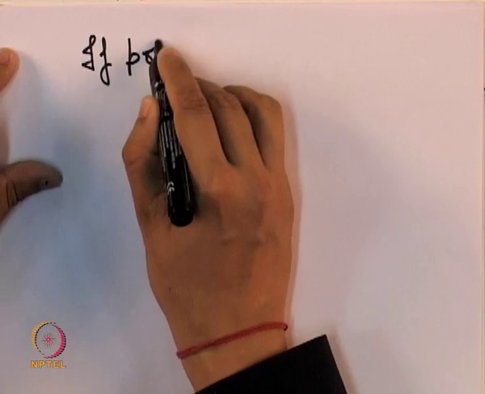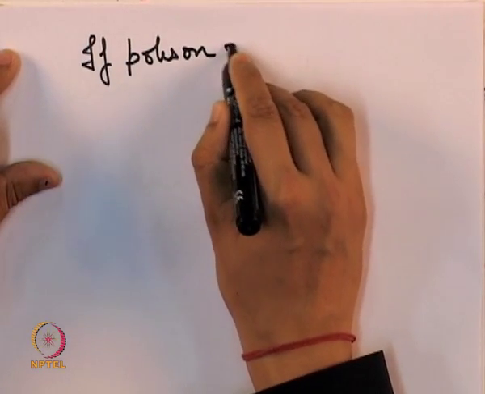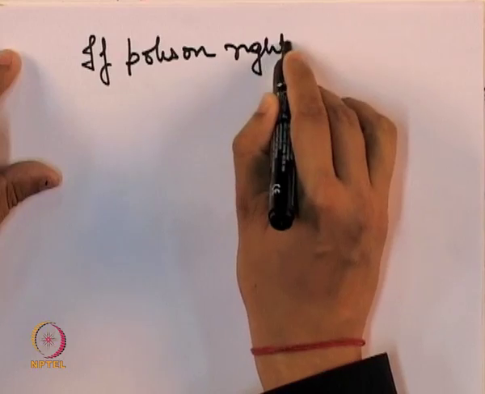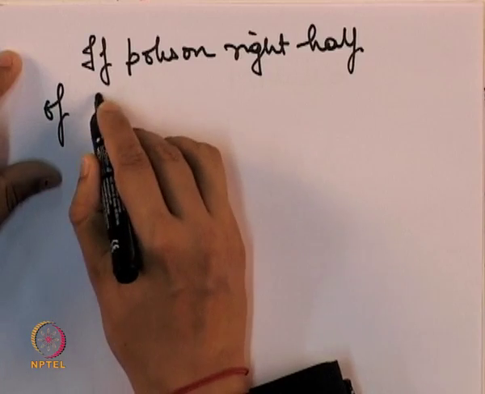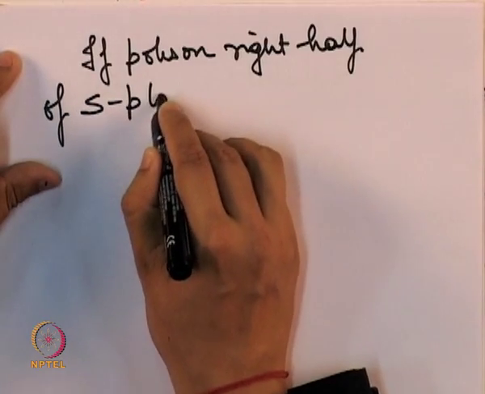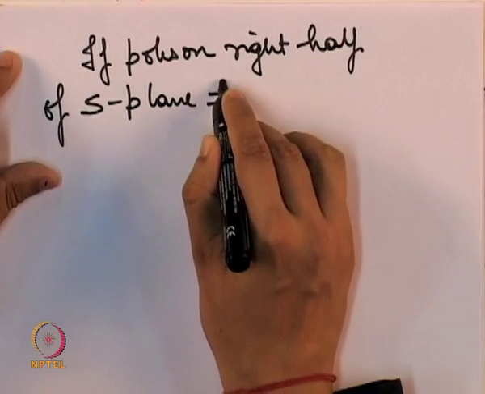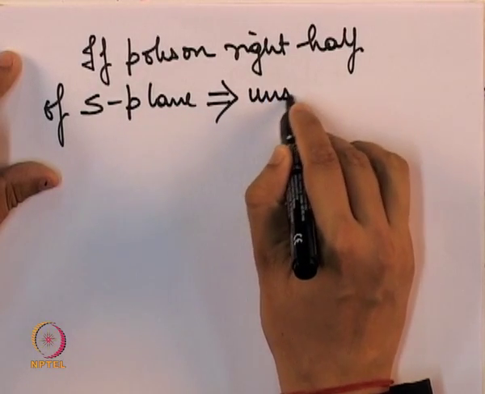On the other hand, if poles on right half of S plane implies unstable.